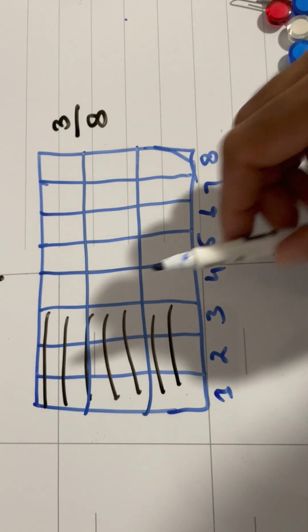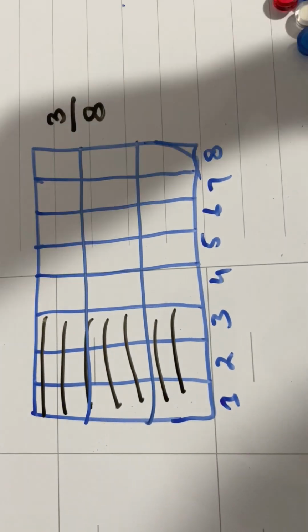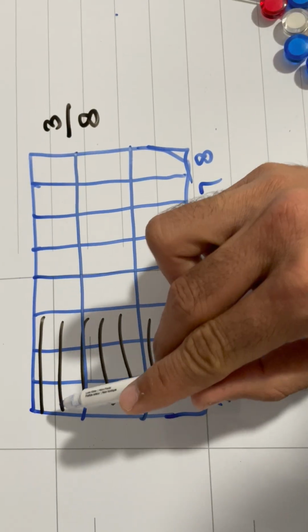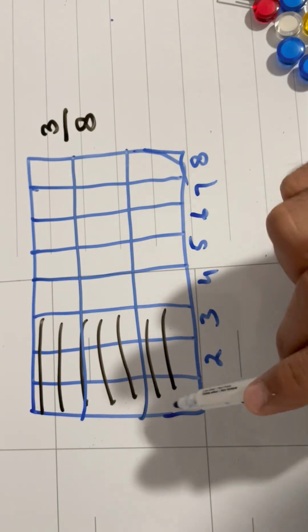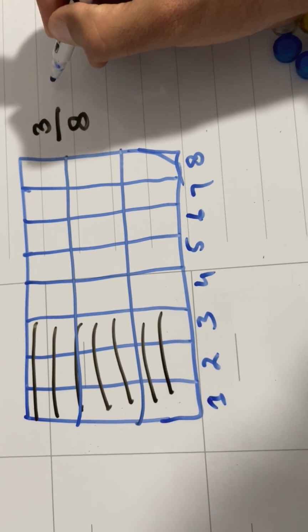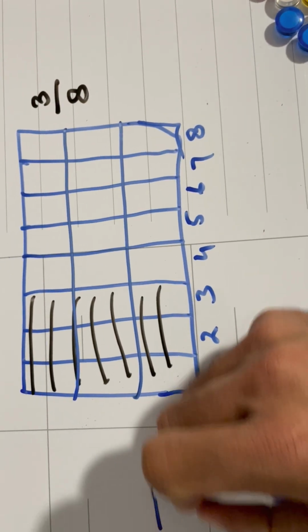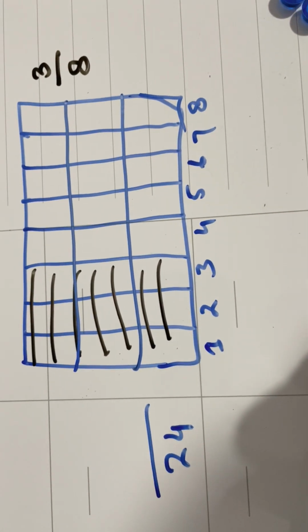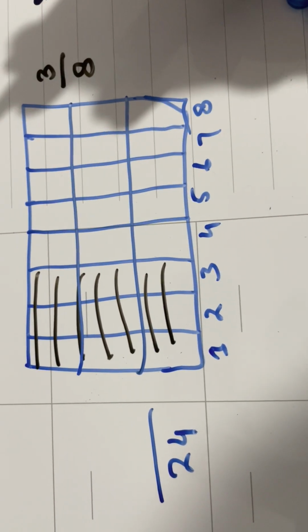That means simply we have now increased its parts 3 times, which gives us overall 24 boxes: 8 here, 8 here, and 8 here. Overall it is 24, 3 times 8.